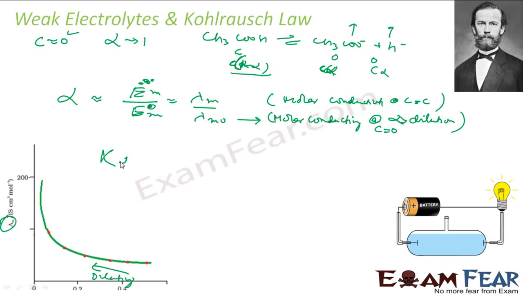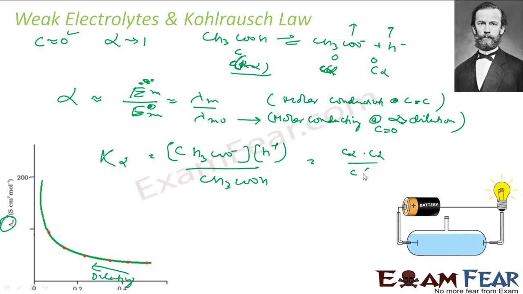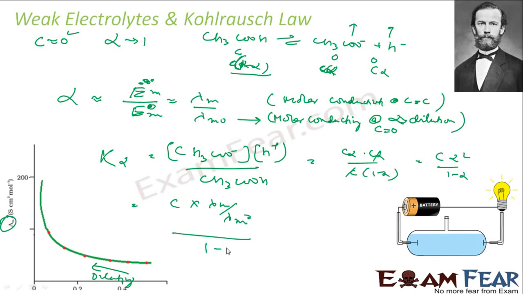If you want to find K, the equilibrium constant is nothing but the equilibrium concentration of CH3COO minus times the concentration of H plus, divided by the concentration of CH3COOH. This becomes C alpha times C alpha over C into 1 minus alpha. Cancel, it becomes C alpha square by 1 minus alpha. Just put the value of alpha, which is lambda m by lambda m naught. So C into lambda m by lambda m naught, divided by 1 minus lambda m by lambda m naught.